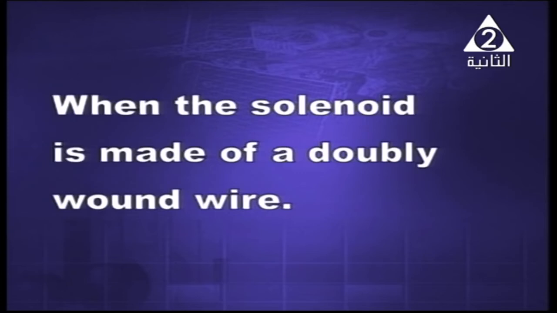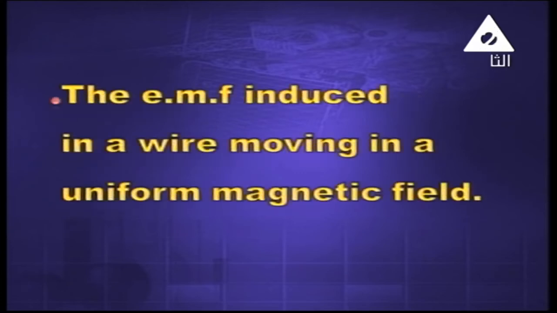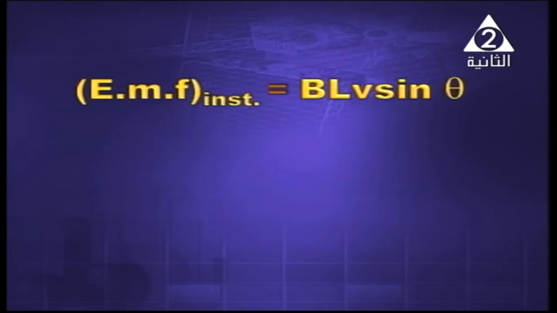When does the EMF induced in a wire moving in a uniform magnetic field equal 0? We've got a wire moved in a uniform field, but no EMF is induced. It happens when the wire is moved parallel to the field, since the instantaneous EMF is given by the expression BLV sine theta.